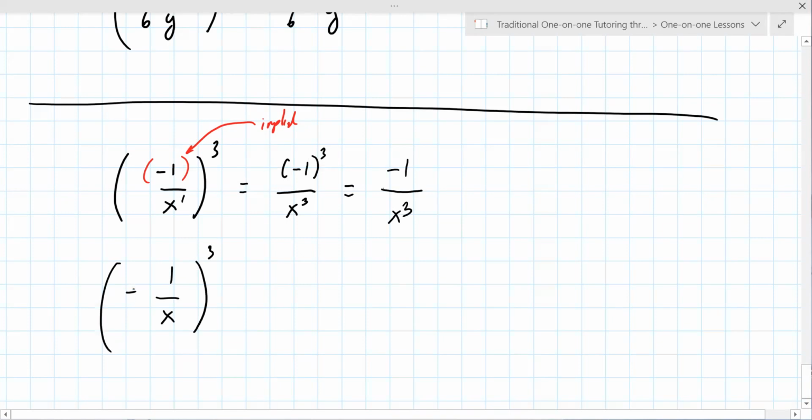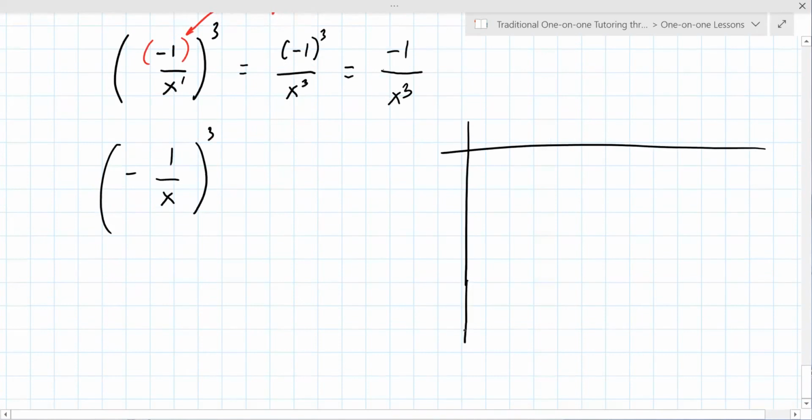Now, this negative in the front, let me come off to the side here and do a little aside. So the following are equivalent: negative 1/2, negative 1 divided by 2, 1 divided by negative 2. These are all the same.